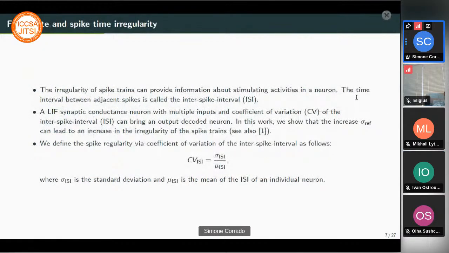So once you generate this spike train, the other important characteristic that you will see in the results section is what is known as the interspike interval, ISI. And using this interspike interval, the key characteristic is the so-called coefficient of variation, because it provides information for simulating activity in a neuron.